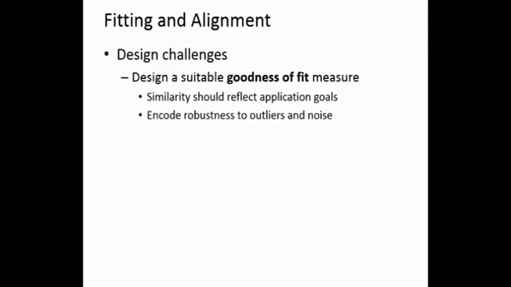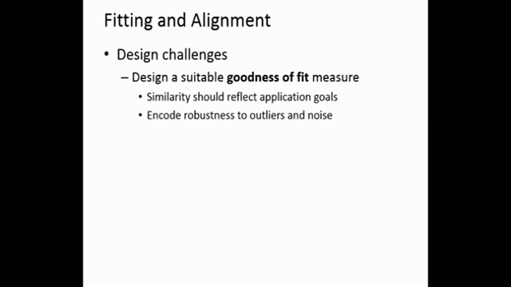So the main challenges of designing a fitting and alignment algorithm are, one of the main ones is to create a suitable goodness of fit measure. That should be really basic. You need to know, does my proposed model fit the data? How do I measure whether my proposed model fits the data?